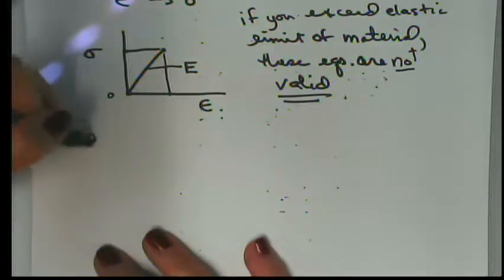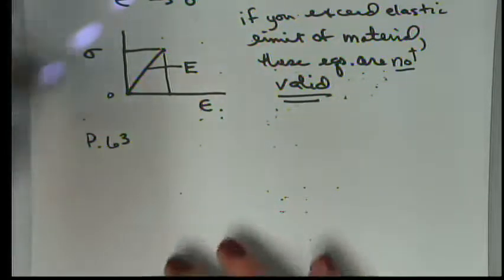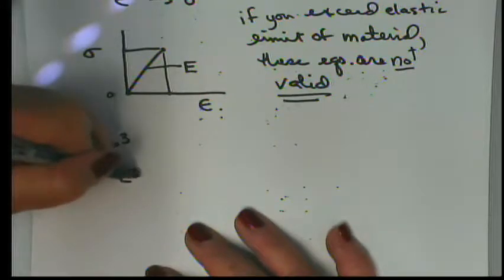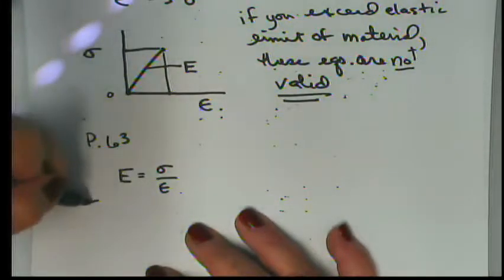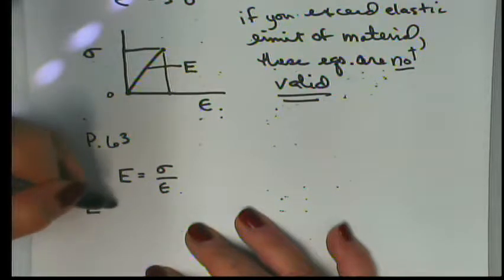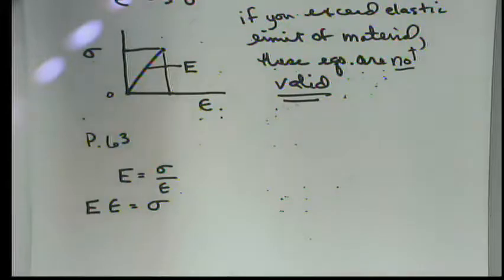Okay. So we described last time that because of this, E is equal to sigma over epsilon, or we could say that E times epsilon is equal to sigma.